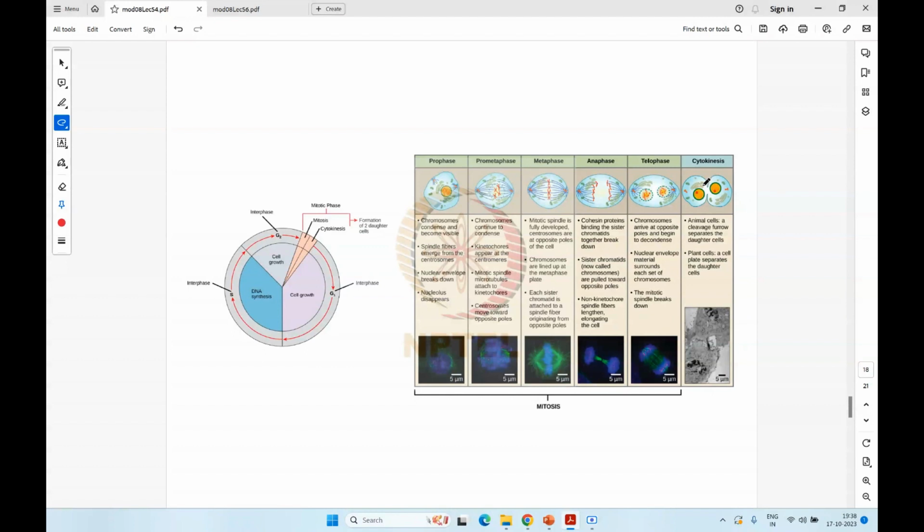So basically that cell will become multinucleated. A similar thing also happens in muscle cells, in which they don't really undergo cytokinesis. Rather, they are multinucleated, a syncytium of cells.